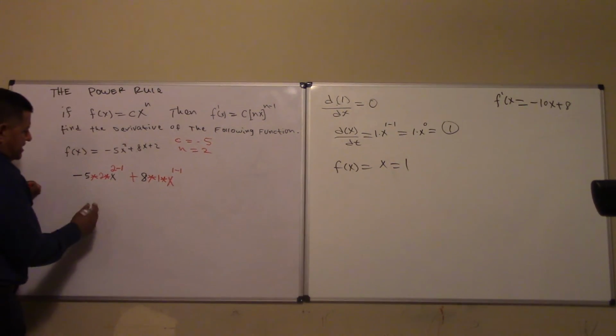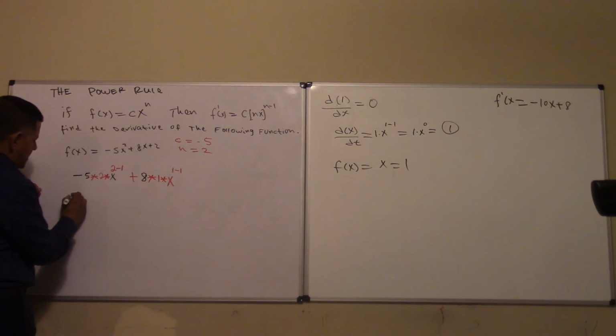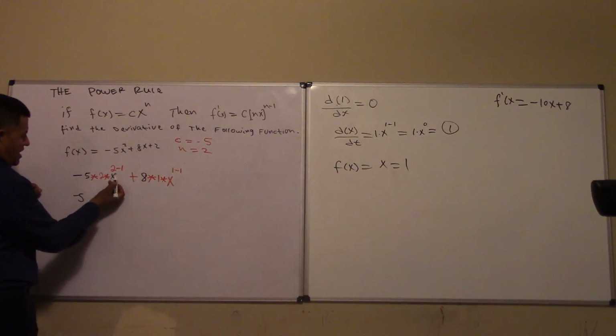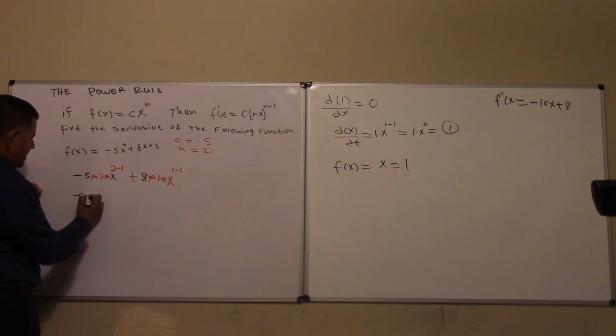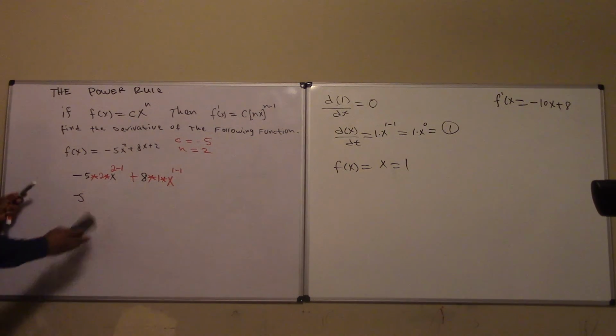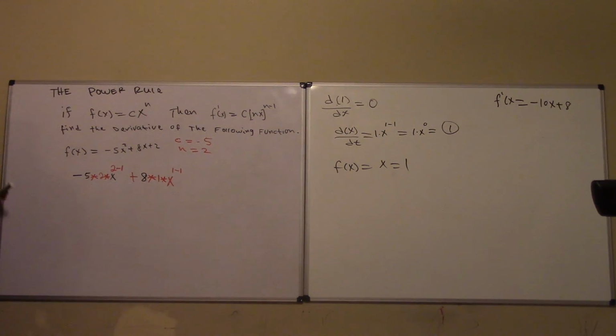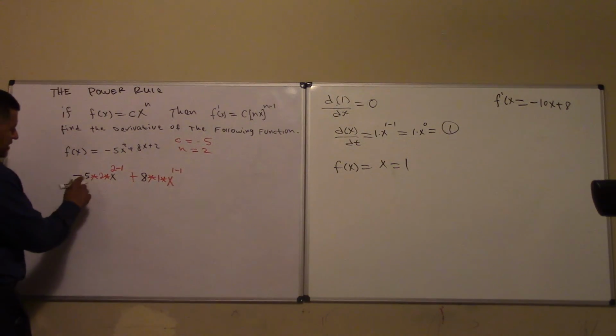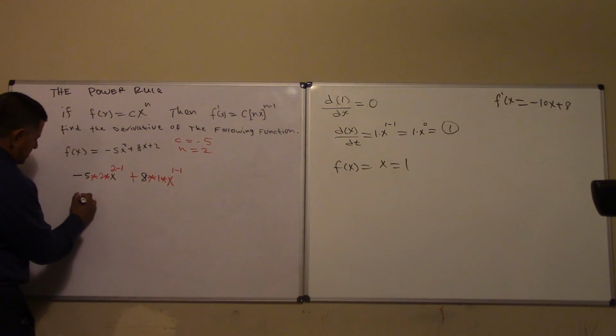Now, in this case, when I subtract that, I get negative 5, and here I get negative 10x.